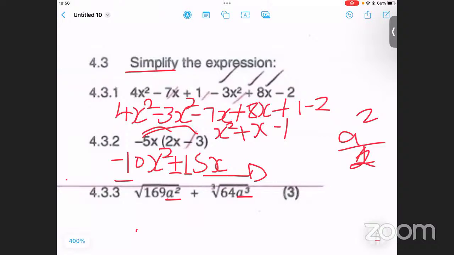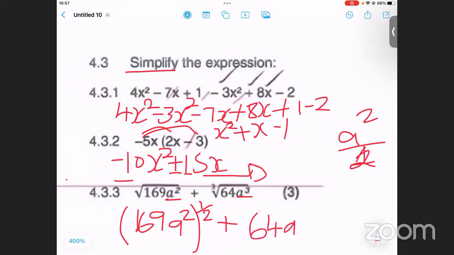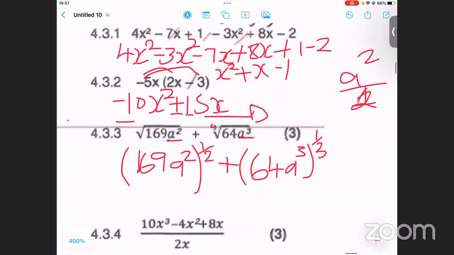So you're going to end up having 169a squared, all of this to the power of half, replacing the square root, and then plus 64a cubed, and this cube root is replaced by 1 over 3. So on your calculators, the square root of 169, or 169 to the power of 1 over 2, is 13, right?